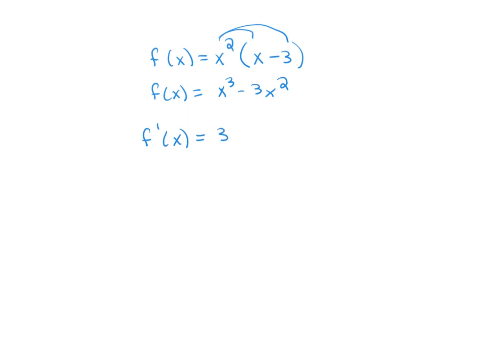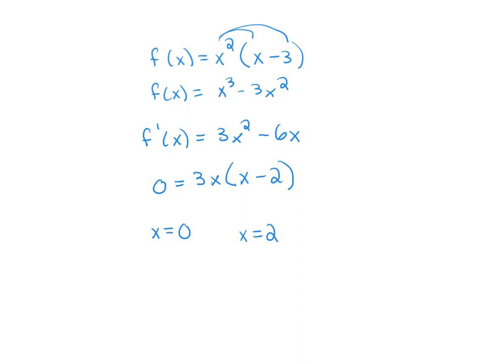So the derivative is 3x squared minus 6x, and we want to know when is the derivative equal to 0. So now let's factor out a 3x. And then set them equal to 0. So I'll have that x equals 0 and x equals 2.